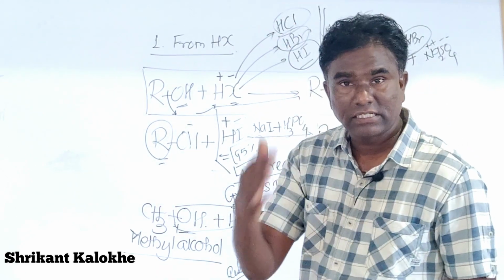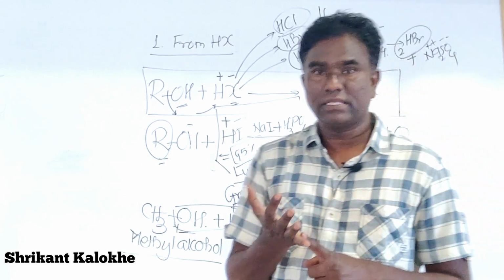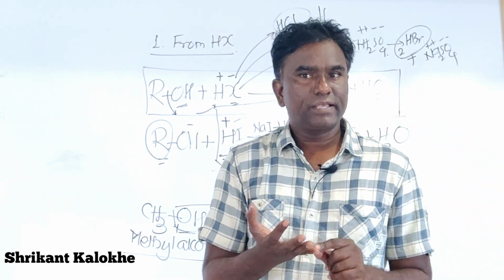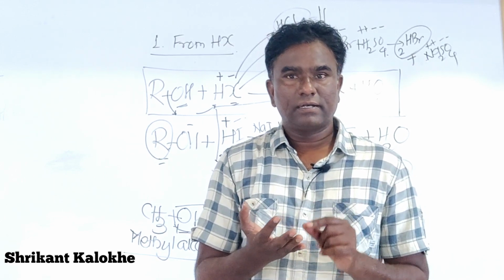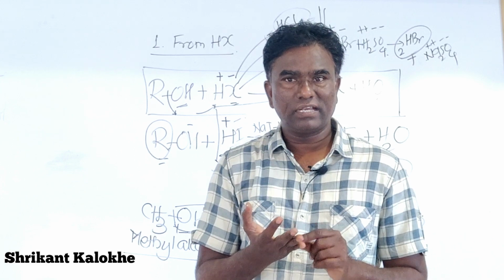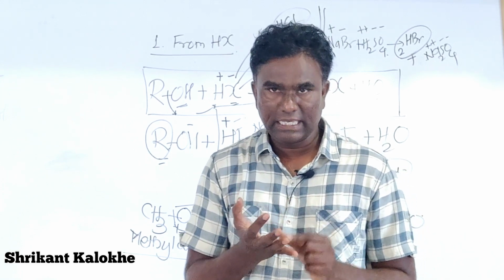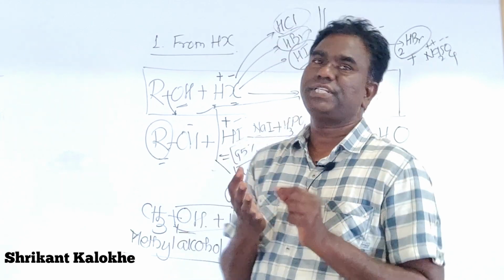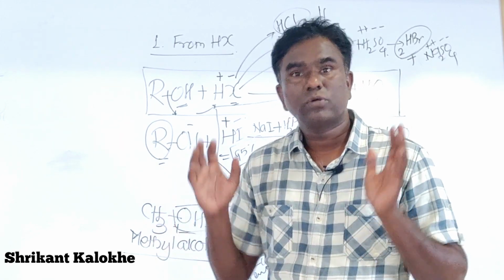Let's summarize these three reagents. First reagent which reacts with alcohol is HCl. It gives alkyl chloride, and the condition is that it has to be treated with zinc chloride, that means the mixture of HCl and dry ZnCl2. That is known as Lucas reagent, and the process is known as Groove's process.